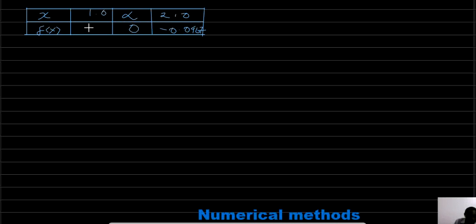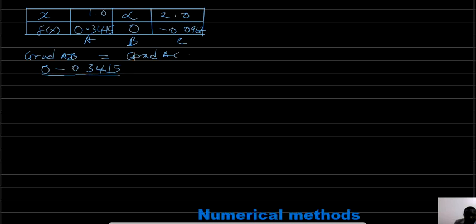Here we shall have 0.3415. So as usual, gradient AB is equal to gradient AC. A is here, B is here. So I will have 0 minus 0.3415 divided by alpha minus 1.0 being equal to gradient AC.